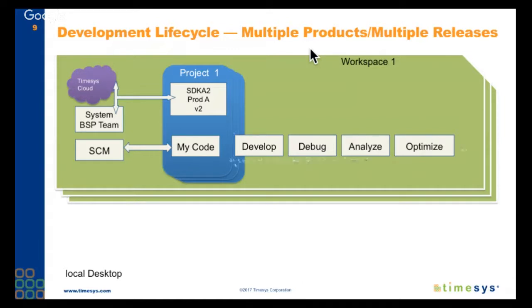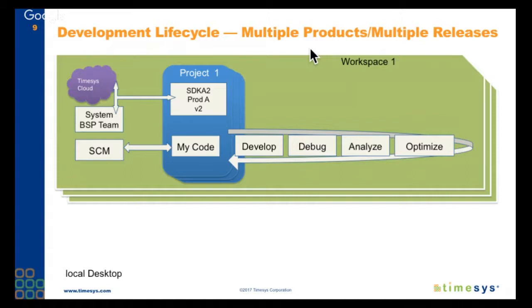And this is not a one-time process. This is a circle. So as you modify the code, you're going to navigate through multiple of these boxes each time you run a process.